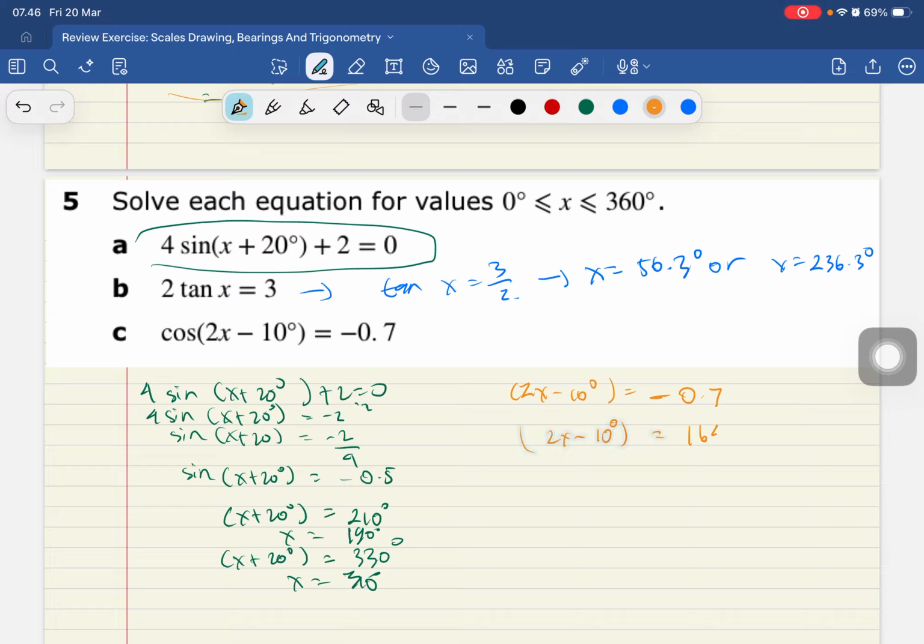Wait, let me try again. Is it cos negative 0.7.